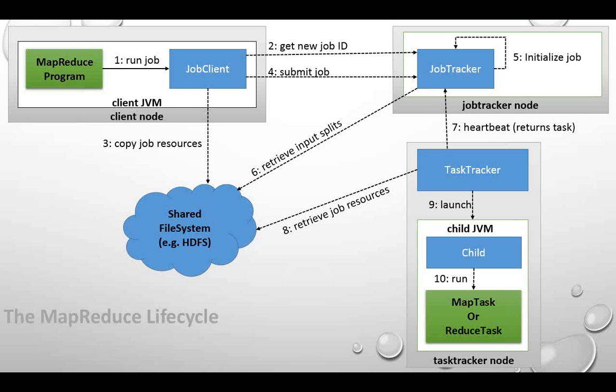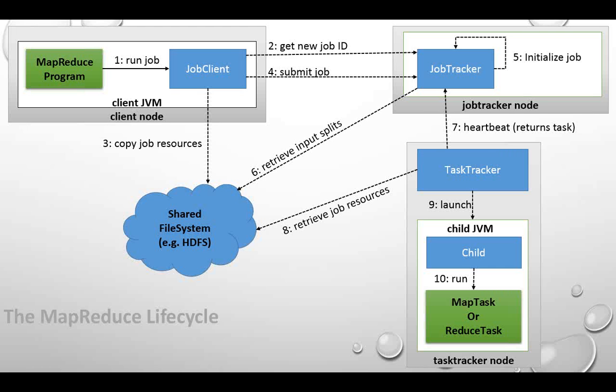Now at the 7th point, you can see it doing the heartbeat. It might so happen that if any job or task is running on a particular compute node, it might fail, maybe a software failure or a hardware failure. Immediately the job tracker will get to know that the machine is down, and it will first try to ping 2 or 3 times to make sure whether it actually died or not.